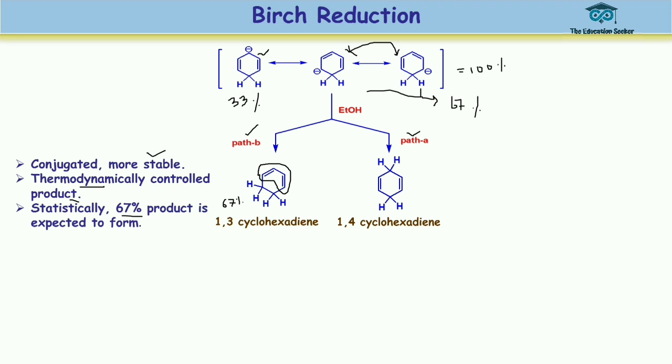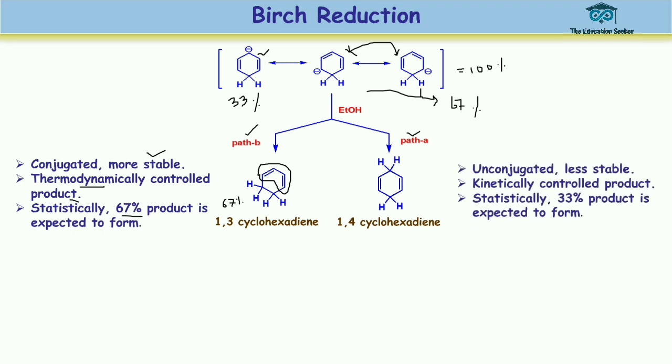Now if we consider 1,4-cyclohexadiene, there is no conjugation, so it is considered to be less stable and it is the kinetically controlled product. On statistical grounds, 33% product is expected to form.